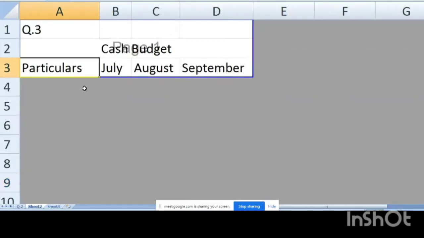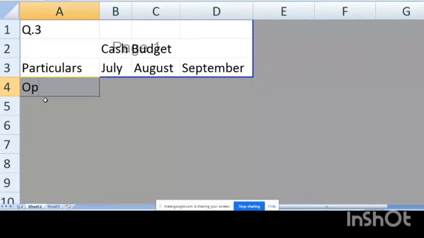So let's open an Excel sheet. Here I calculate the example. Give the title first, cash budget. July, August, September. You can see cash budget. And what is the starting point?